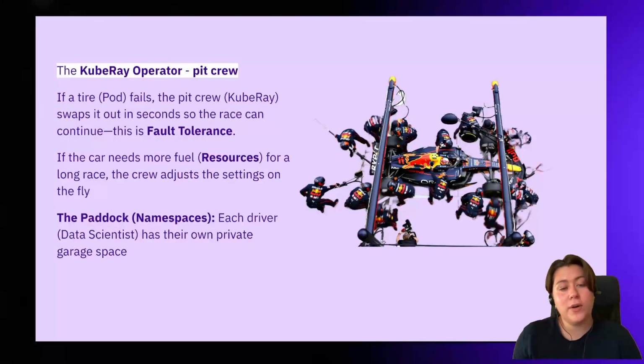Also, we have our Kubernetes operator, and that's exactly the pit crew. The Kubernetes operator will run our Ray cluster and nodes on Kubernetes to make sure our model receives the resources that it needs and the scheduling works well. And the padlock, that's a namespace where your Kubernetes cluster can be isolated, because Ray is a flat matter of thought, and you need to make sure that you have pretty nice guards around it and nobody can use it maliciously.